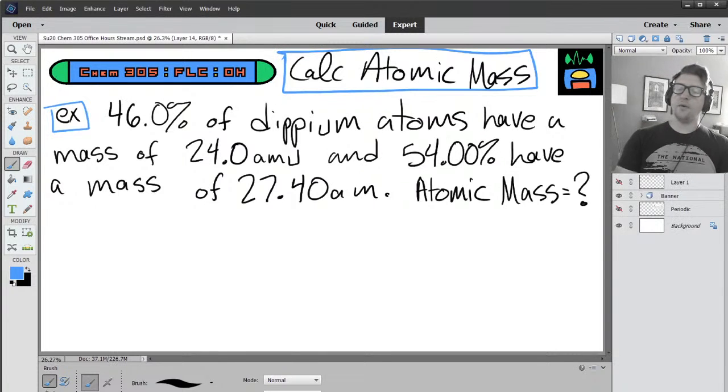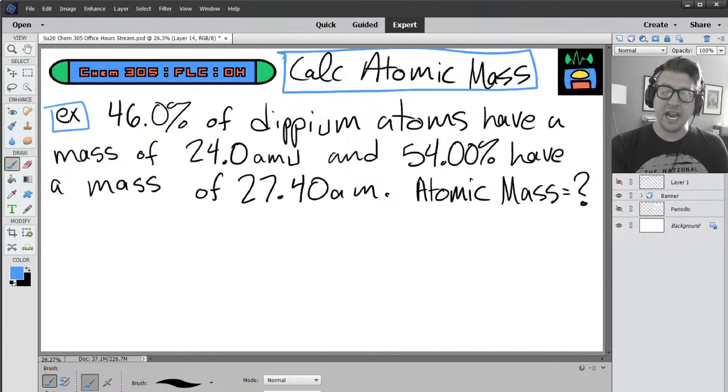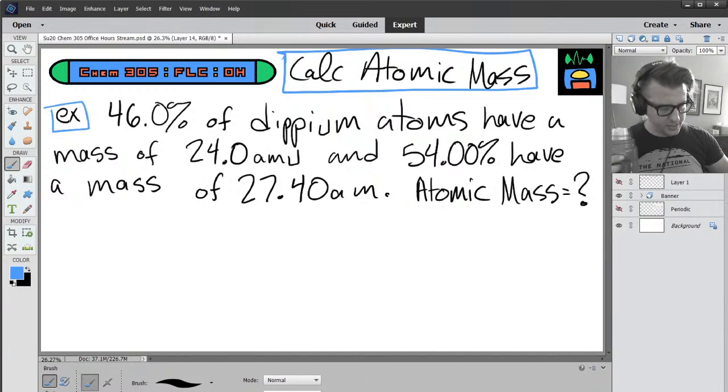All right, now how are we going to do this? We have been given the mass of two isotopes and their percent abundance, all right? The way you calculate the atomic mass, given the isotopic mass and the percent abundance, is you have to calculate a weighted average.